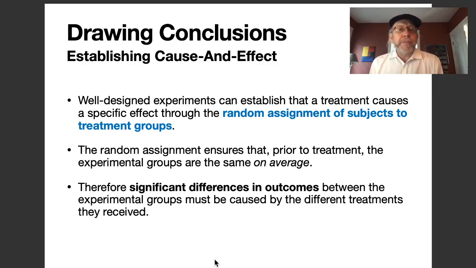Therefore, any significant differences in outcomes once the treatments are applied can't be due to any sort of pre-existing differences between the groups. They have to be due to the different treatments that were applied to the groups. And so this is the way that experiments can establish cause and effect relationships, whereas observational studies can't. And we'll have a lot more to say about this going forward, but that's sort of the basic idea.